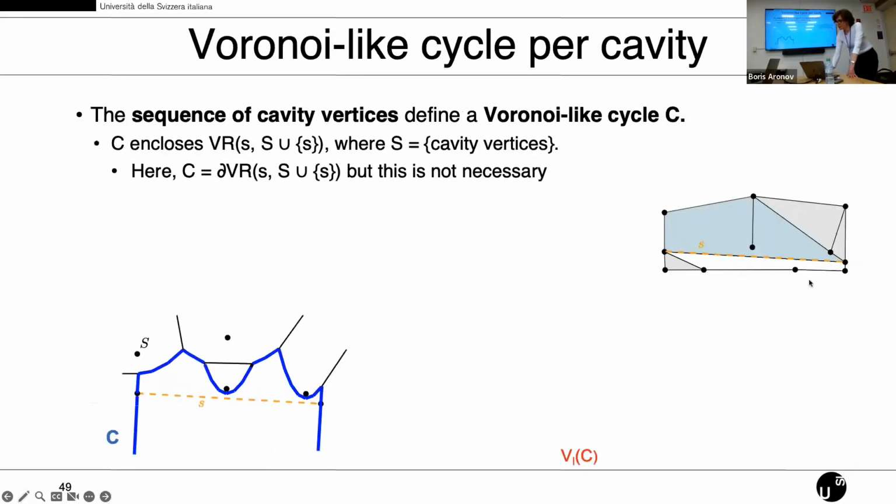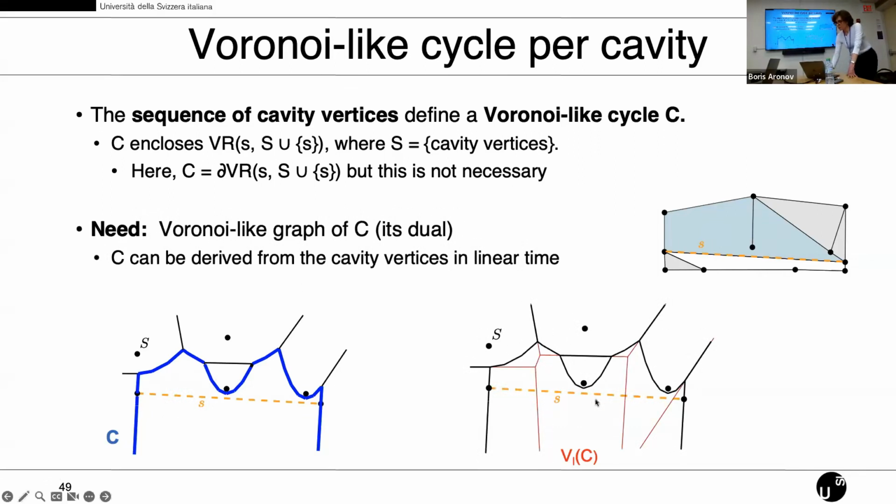Okay, so the sequence of the cavity vertices defines a Voronoi-like cycle. See, this Voronoi-like cycle encloses the Voronoi region of the set of cavity vertices union S, the segment S. In fact, in this example, the cycle C is exactly the boundary of the Voronoi region of S in this diagram, but in general, this is not necessary.